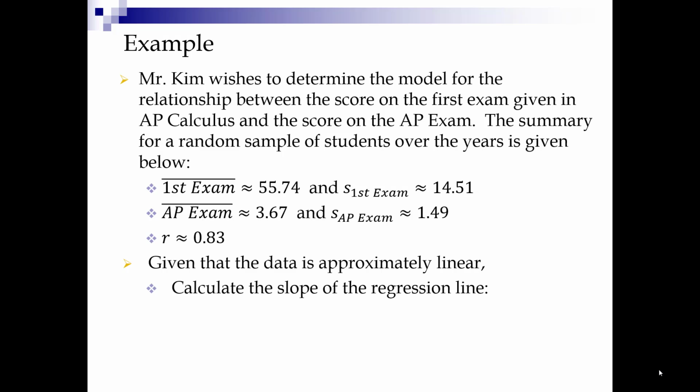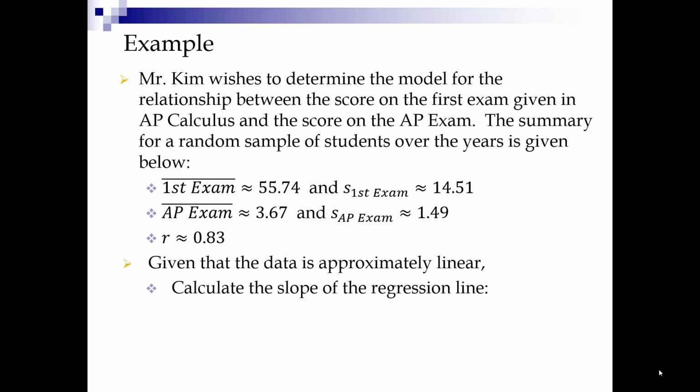For those exact same students, the average AP exam score is 3.67 with a standard deviation of 1.49. The correlation, or the strength of the relationship between these two variables, is approximately 0.83, which is a fairly strong positive linear relationship. Given that the data is approximately linear, calculate the slope of the regression line.